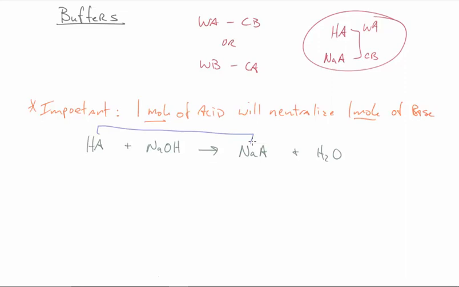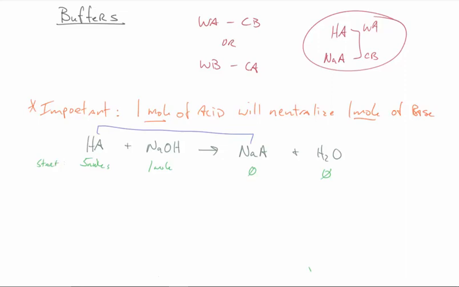An example of what I mean by 1 mole of acid will neutralize 1 mole of base: let's say I start with 5 moles of HA, and I'm going to add 1 mole of NaOH. I don't have any of these initially, and I don't want to call this an ICE table because it's not an equilibrium situation, so we start here with 5 moles and 1 mole.